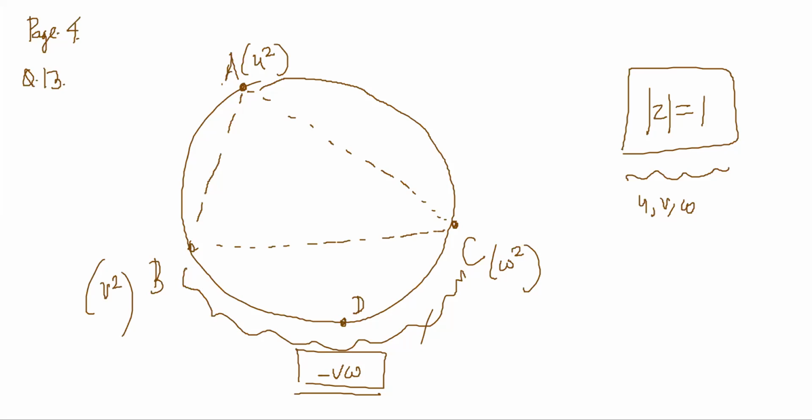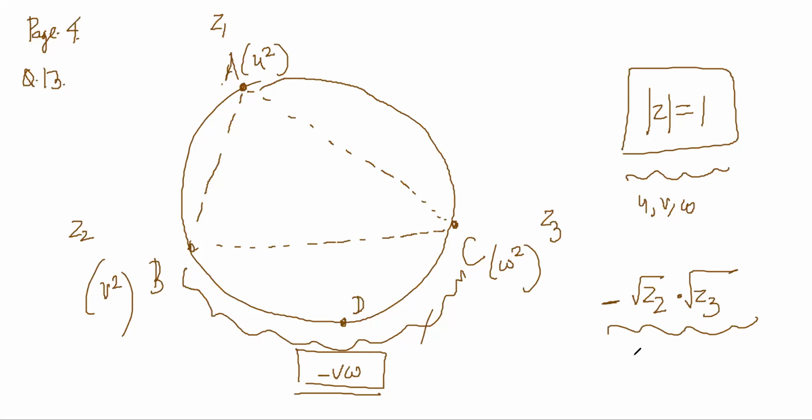So if A point is Z1 and this was Z2 and this was Z3, basically what the result is saying is that midpoint of arc BC is minus VW. V is root Z2 and W is root Z3, right? Something like this.